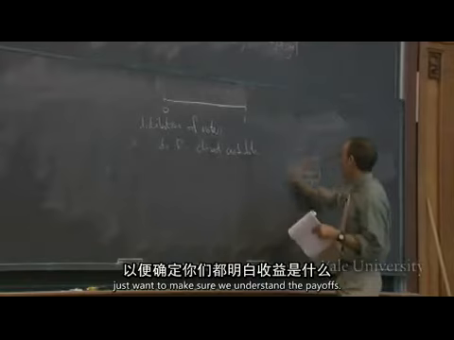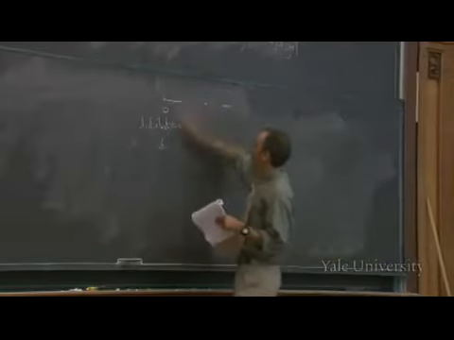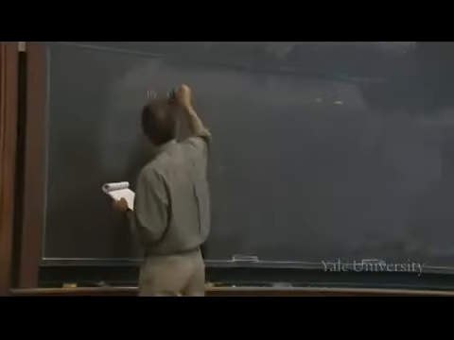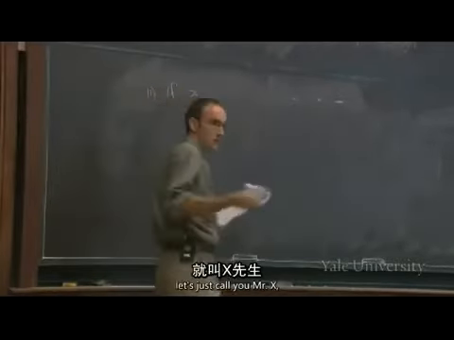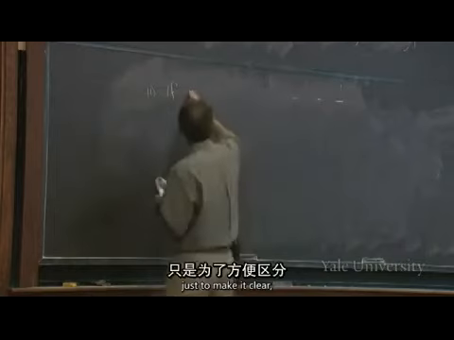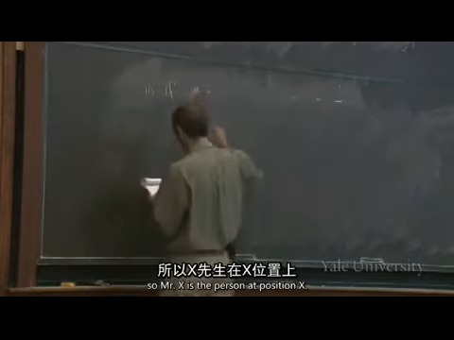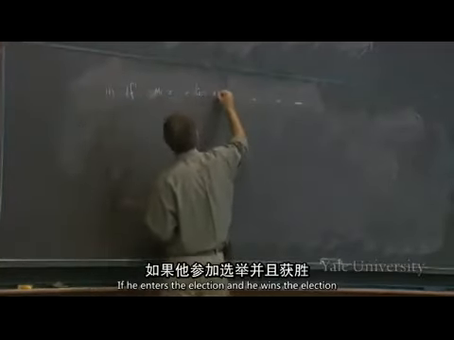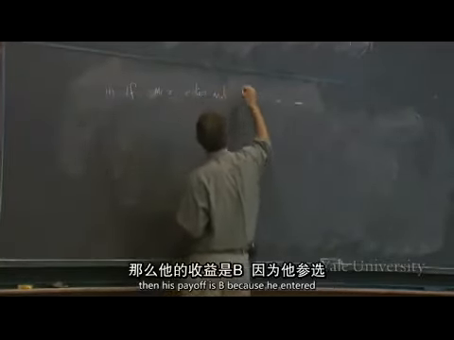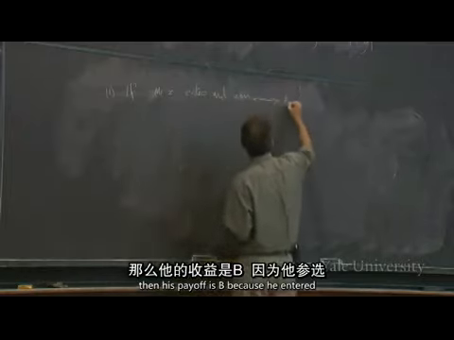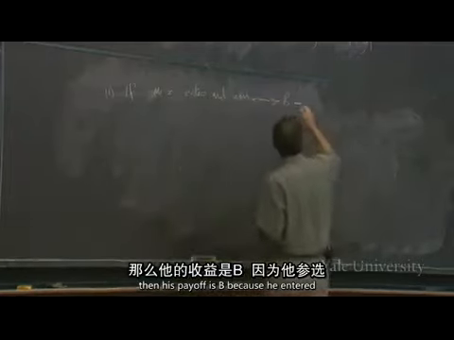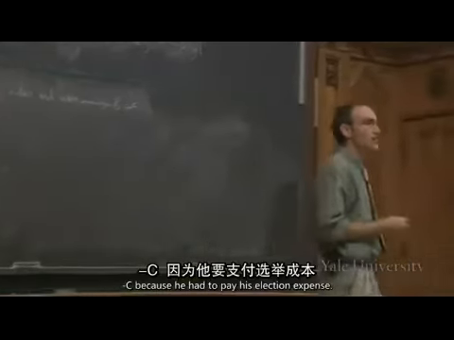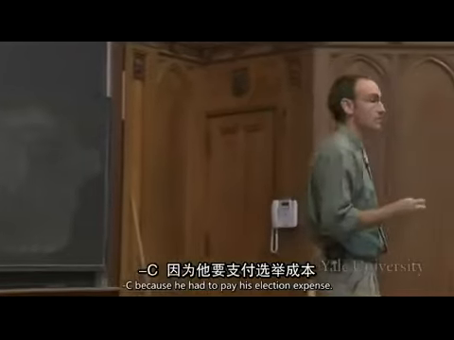So make sure we understand the payoffs. Example 1: if you're at x, let's call him Mr. X, the person at position x, if he enters the election and he wins, then his payoff is B because he won, minus C because he had to pay his election expense.